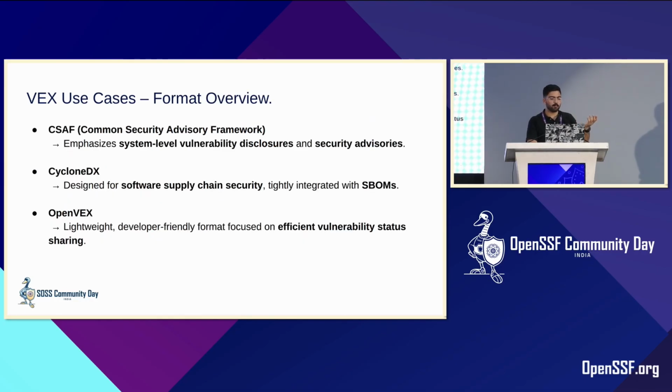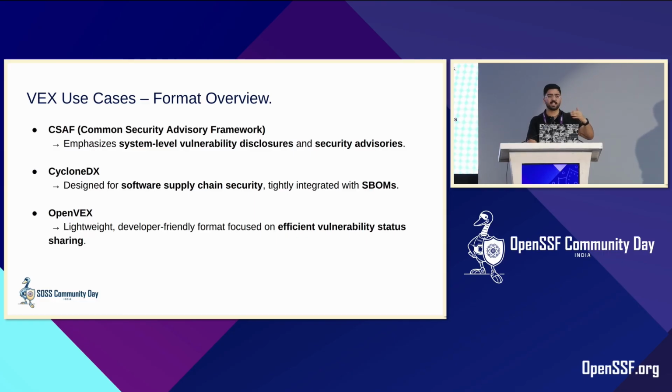The main use cases of these three VEX formats are as follows. CSAF is generally used by government bodies, mainly the US government, for things like firmware. CycloneDX is the main primary target of this demo and this talk itself.